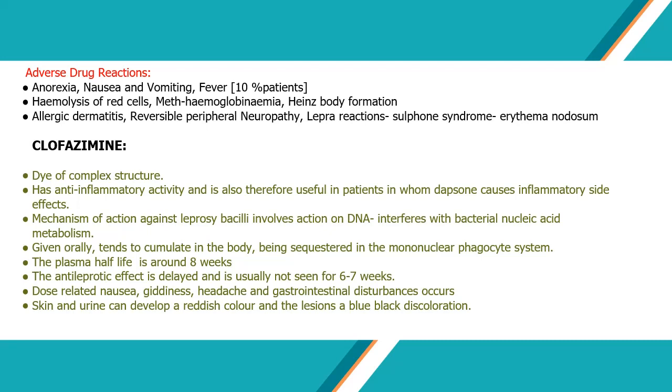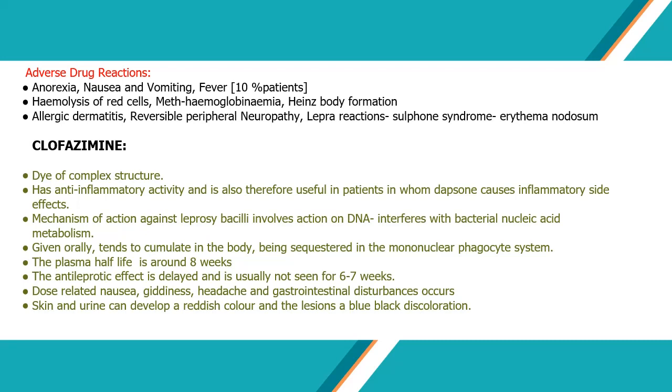So, patients having this enzyme deficiency will have hemolysis of red blood cells as an adverse effect of treatment with dapsone, because the membrane enzyme fails to maintain the integrity of the red blood cells, and on exposure to the drug, hemolysis takes place. This results in methemoglobinemia also, a condition wherein the oxygen carrying capacity of the blood is lowered, and also a condition called Heinz body formation.